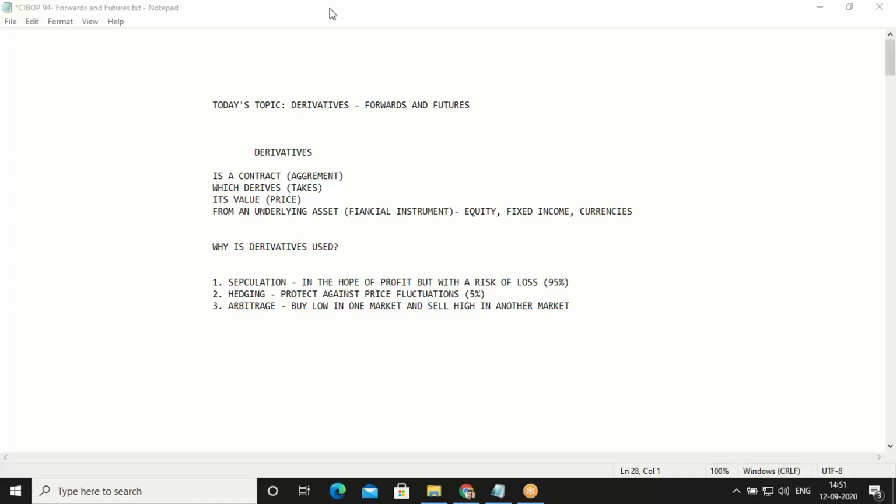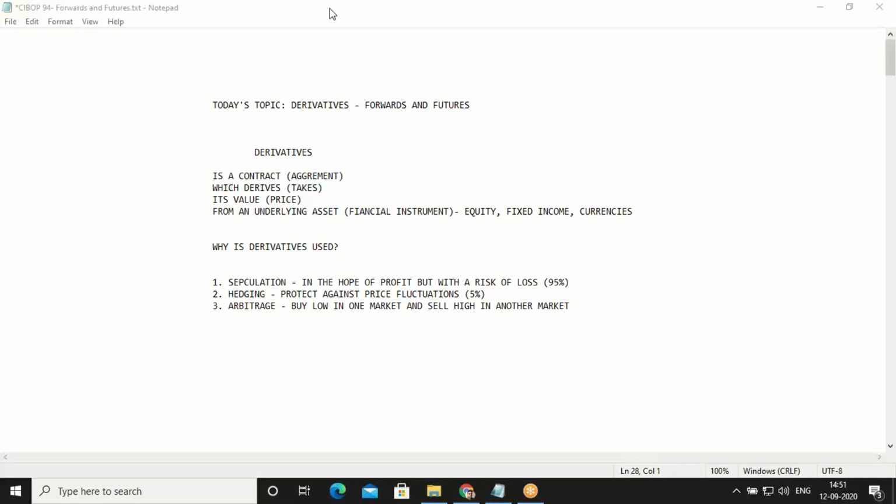Okay. All right. Now, the second term is what we call hedging. Let's be clear here. When we talk about hedging, what we mean is that you want to protect yourself against price fluctuations. What does that mean? If you bought, let's say, 100 shares of Infosys, what are you worried about?